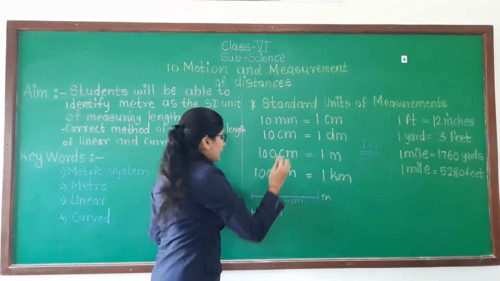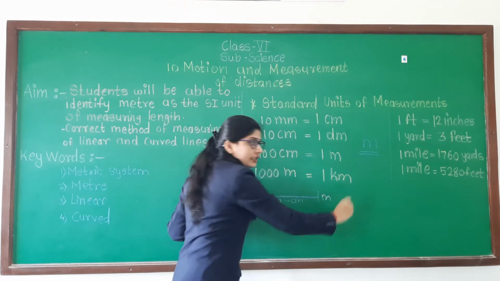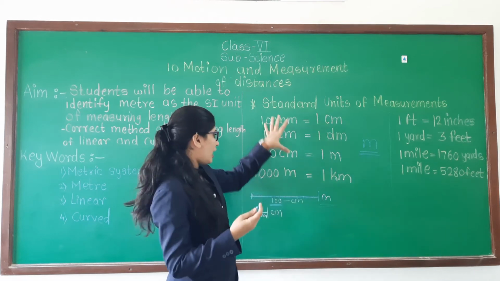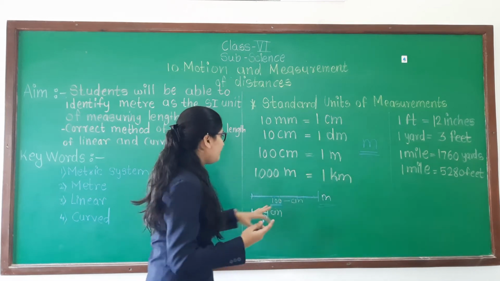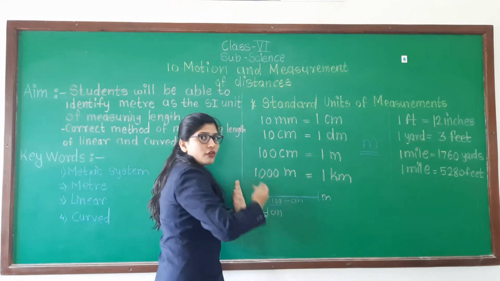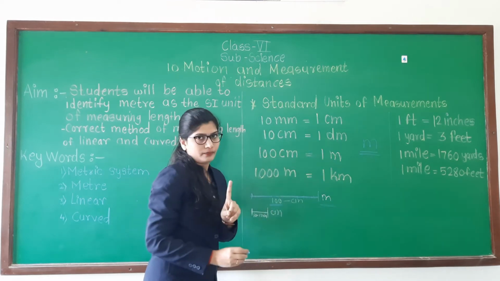When we complete the 100 divisions, that is your meter. Understood what I am saying? That conversion I have written here, that we will see. But remember that 100 divisions of centimeter make 1 meter.